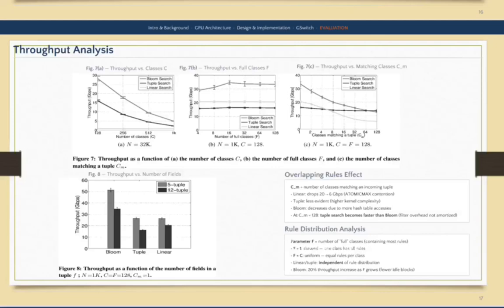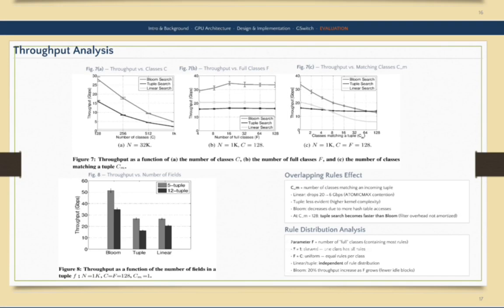Slide 17 analyzes the throughput under different rule and packet combinations. The results show that Bloom search achieved the highest throughput, especially when the number of classes is moderate. Tuple search performs better than linear search, while linear search remains the slowest.